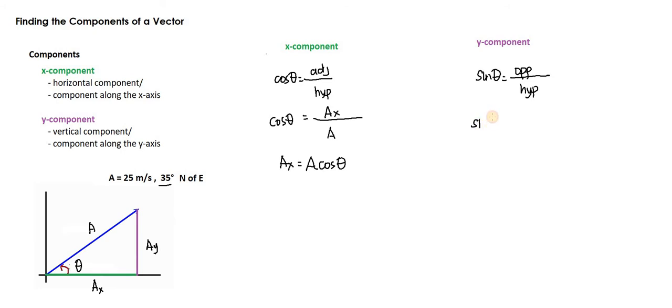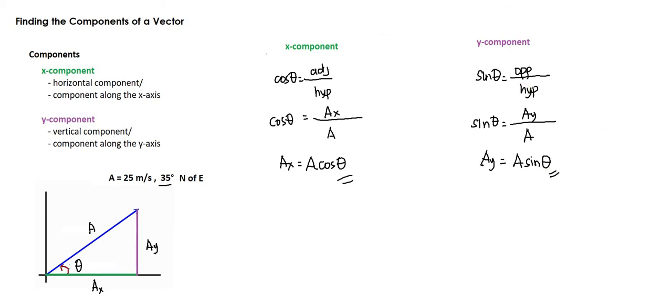Substitute natin, that is the sine of theta equal to, our opposite side is the A sub y, and then hypotenuse is A. By cross multiplication, we'll have A sub y is equal to A sine of theta. Okay, so we'll be using these formulas.